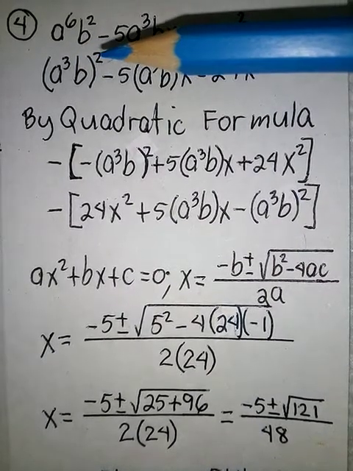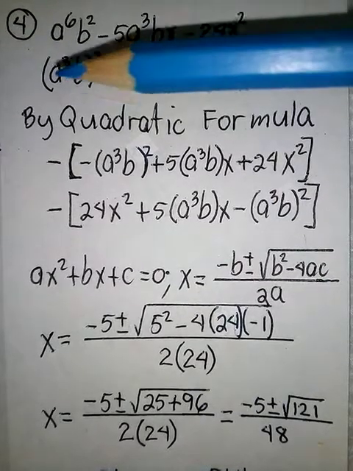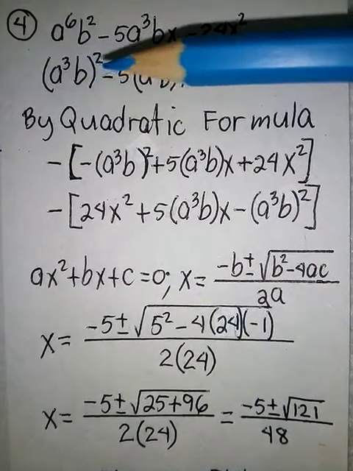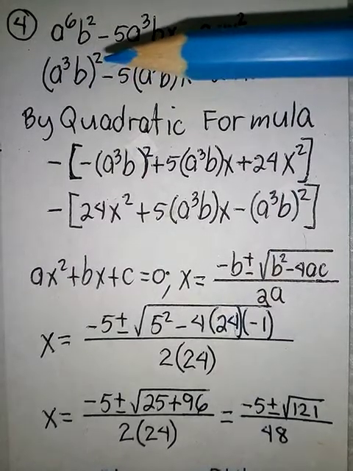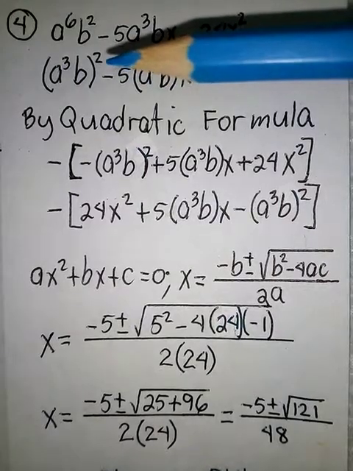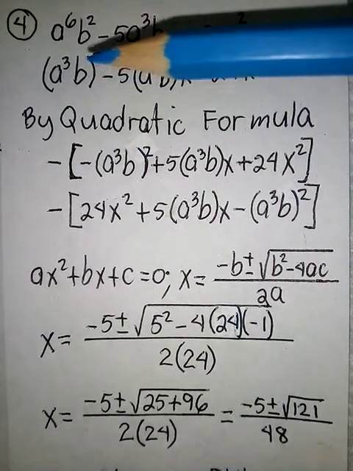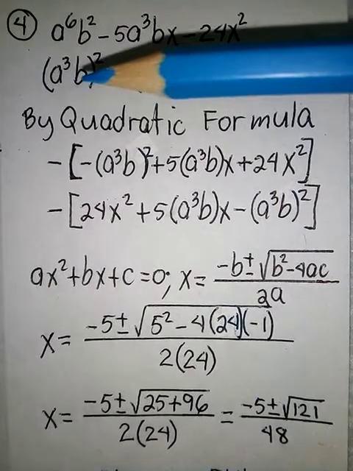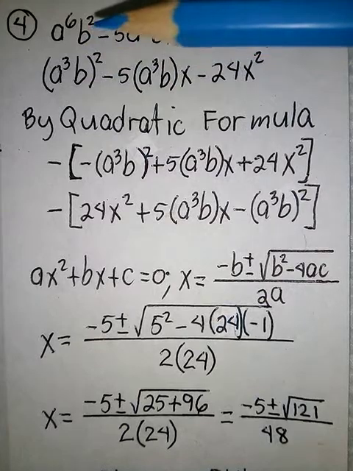So the term inside the parenthesis should be (a cubed b) quantity squared. If you multiply 2 times 3, we will have a to the 6, and 2 multiplied by 1, the exponent here is 1, 2 times 1 is b squared.